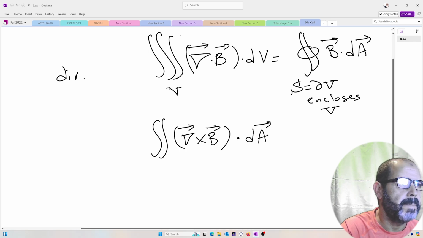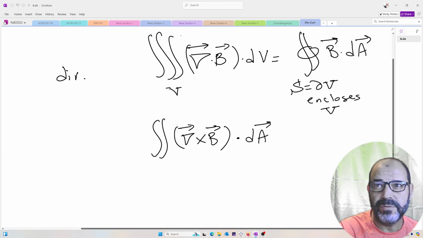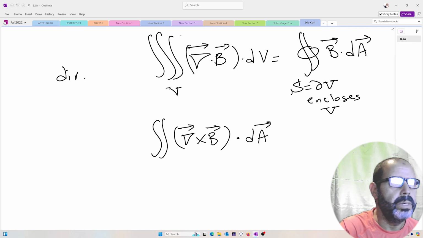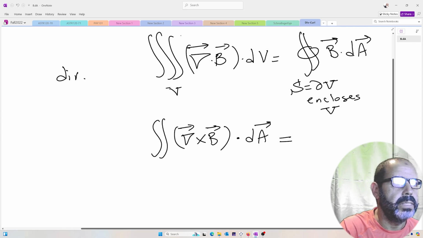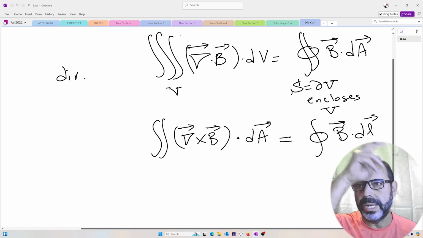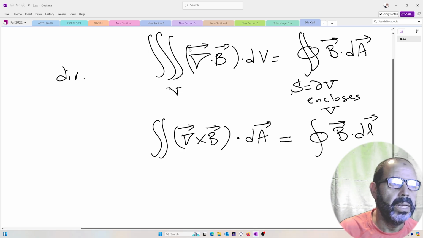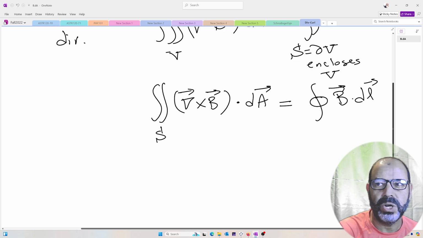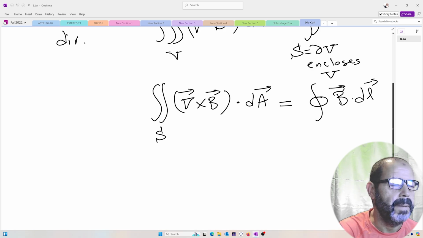In this case, it does not have to be closed, it could be open, and actually the idea is that it is equal to the path integral of this same vector B as it circulates over the contour only of that surface, namely on a path integral. So this surface is S in here that we are interested in to find the flux, if you wish, of the curl of that vector B.